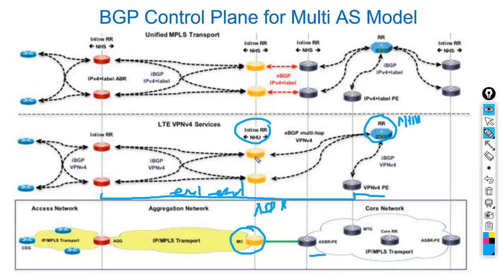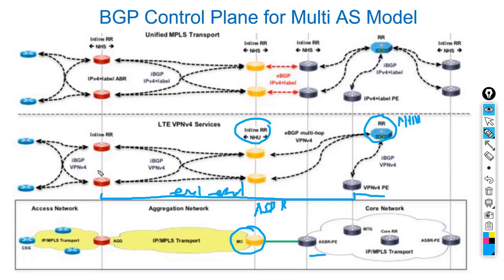The same for the metro core router. When the core router receives a VPN route from the RR router, it will advertise to its RR clients, which are AGG in the aggregation layer.